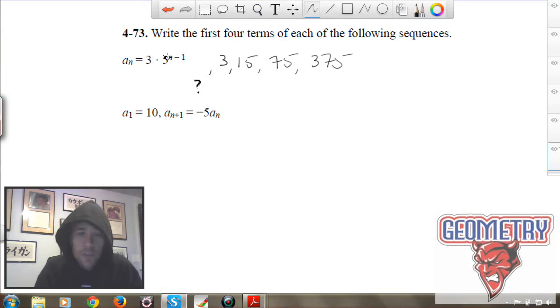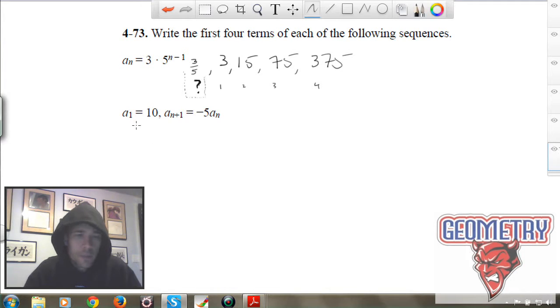If n equals 0, then this would be 5 to the negative 1, which is actually 1/5. And 3 times 1/5 is 3/5. So if you're going to start with n being 0, then the first term would be 3/5. I started where n equals 1, there's n equals 2, there's n equals 3, and there's n equals 4.